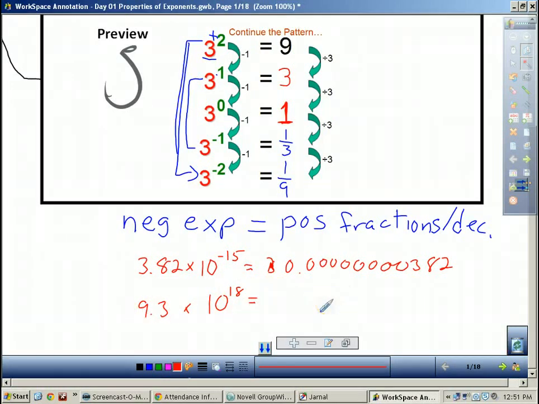So for really big distances, you can use positive exponents. It's much easier to write a number like this and put calculations in a calculator, as opposed to making sure you put in exactly 15 zeros before hitting 382. So a lot of it is just to avoid mistakes in arithmetic.